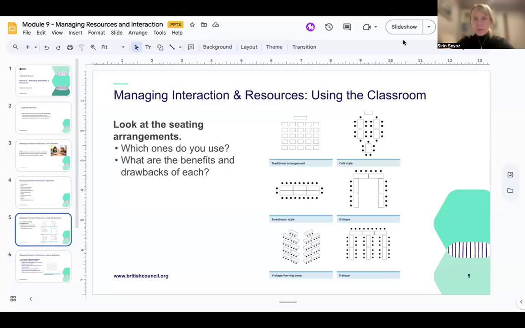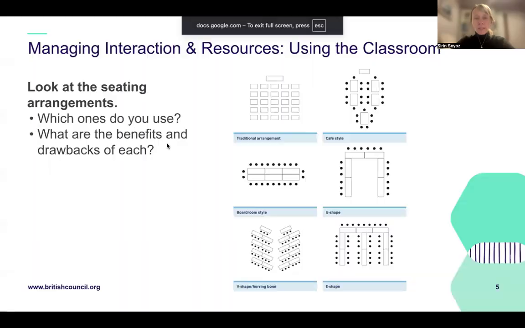So in the next activity, we will discuss something else. This time we will talk about interaction. Look at these seating arrangements. Which ones do you use? I know you have large classes, but do you maybe use different layouts?